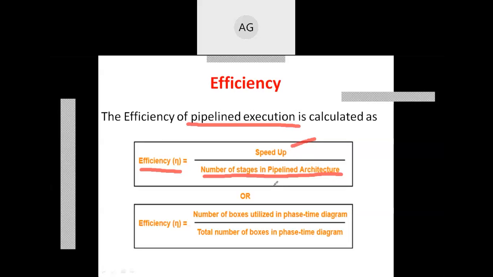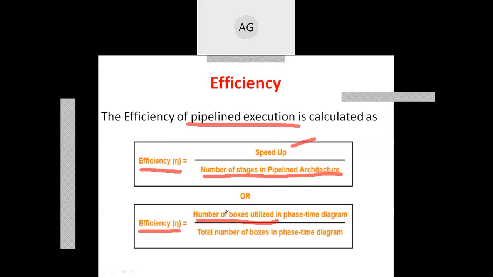So how many stages are we using in the pipeline architecture? We divide the speed up by the number of stages. Or we can also calculate the efficiency using another formula: the number of boxes utilized in the phase-time diagram. As you can see in the phase-time diagram, some boxes are utilized, whereas some boxes remain empty.